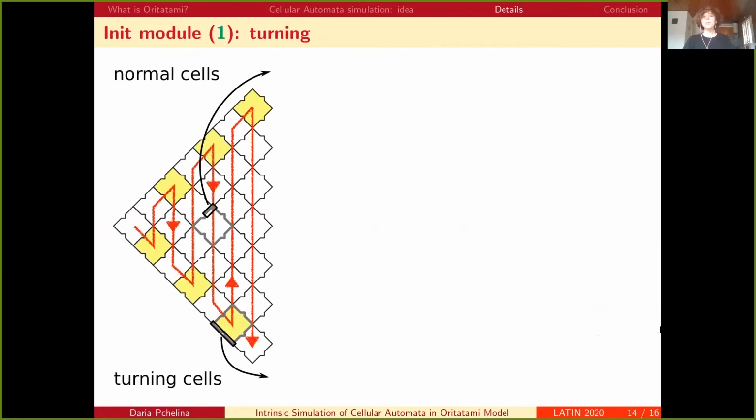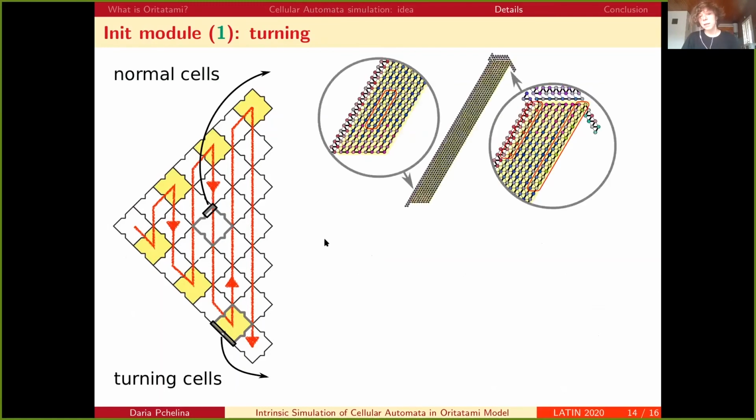So now you remember that during folding, we're going in this snake-like way. And so that means that in yellow cells, we need to turn and change the direction. And the init module takes care of this. So in normal cells, when we go straight, it just falls upon itself in the beginning of the cell in this manner.